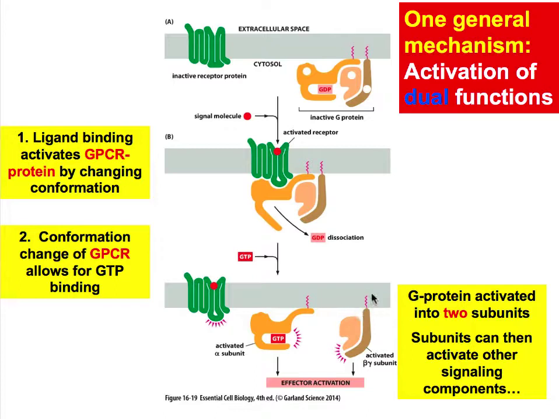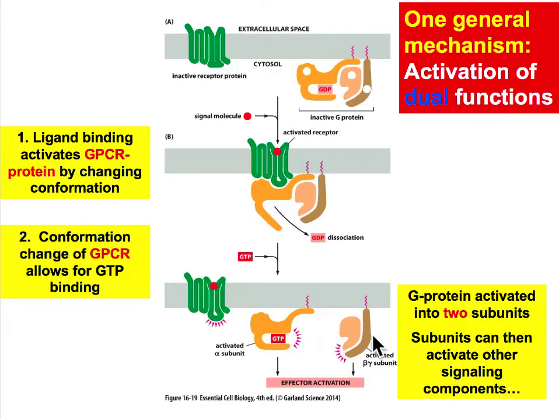And likewise, the beta and gamma subunits, normally through the gamma, are also tethered to the membrane, so they're prevented from drifting too far away. Both subunits are active, and they'll stay active as long as there's GTP sitting inside this chamber.